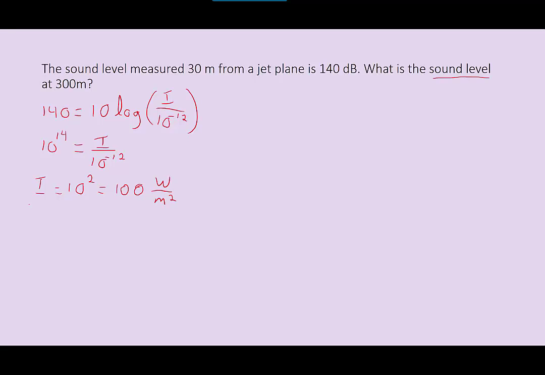I am looking for the intensity at 300 meters. So at 300 meters, we are 10 times as far. So the intensity will be 1 over 10 squared, or 1 over 100. So it'll be 1/100th as much, which will mean that it will be 1 watt per square meter.